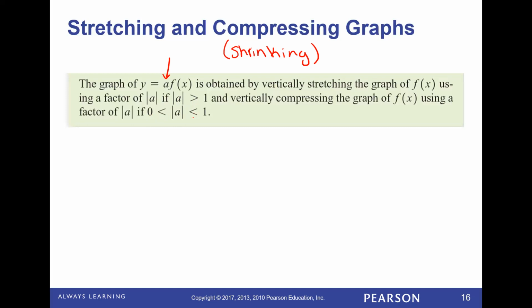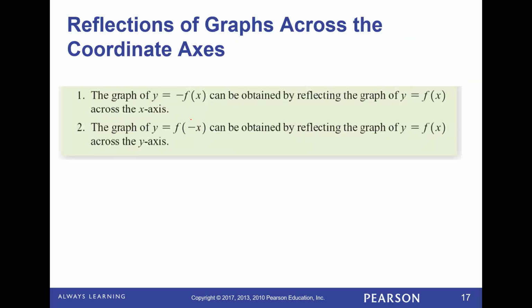Now you'll notice I said that was a positive number. I didn't talk about negatives because that's something different. If it was negative, the negative deals with what we call a reflection. If that negative is on the outside, we reflect on the x-axis, and if that negative is on the inside, we reflect on the y-axis.